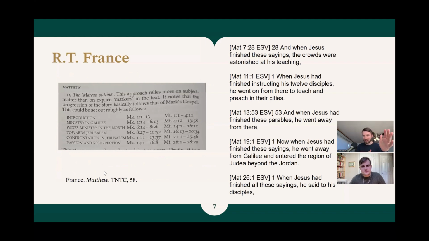If we take a Mark outline, let's just say, but clearly Matthew isn't Mark. So why did Matthew write his? What makes Matthew distinct from Mark? Why write another gospel, assuming Matthew's second? It does seem that these five discourses give the purpose that this isn't merely just telling a story about Jesus.